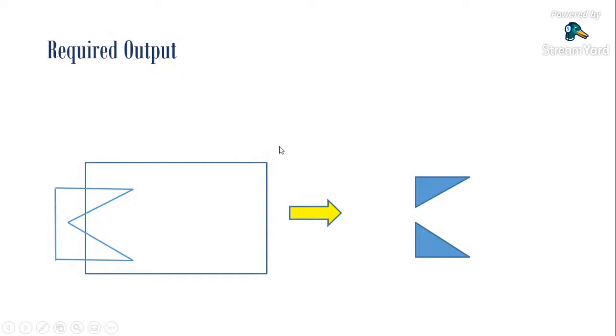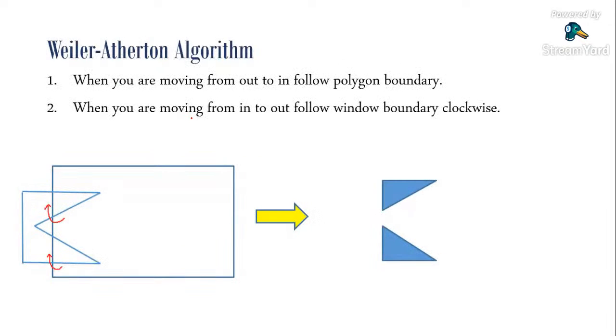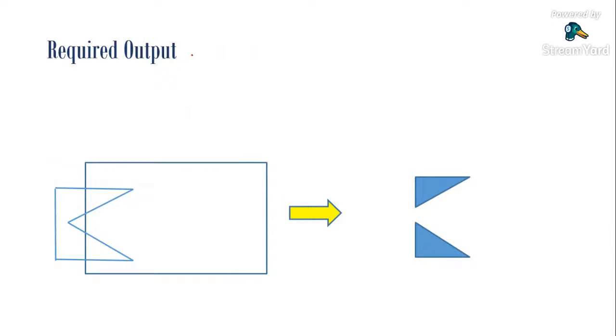To get this required output, some modifications are incorporated in the Sutherland-Hodgman algorithm, and that is nothing but the Weiler-Atherton algorithm.